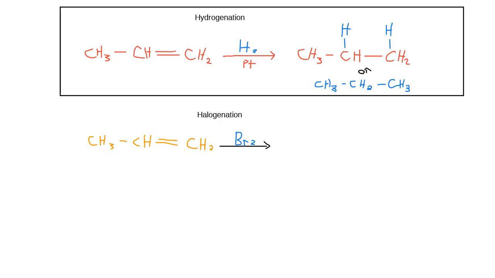No catalyst is required, so I don't need the platinum or anything like that. But a similar type of thing happens here. Basically, each of the double bonded carbons gains a bond to bromine. So the product looks like this. The double bond is broken.